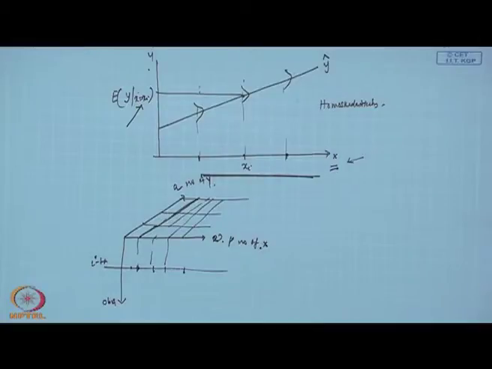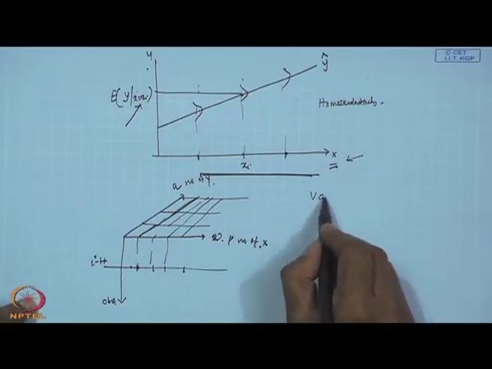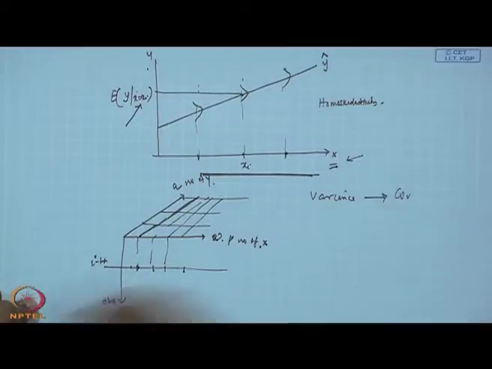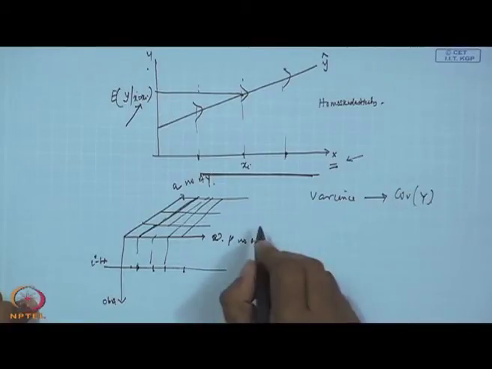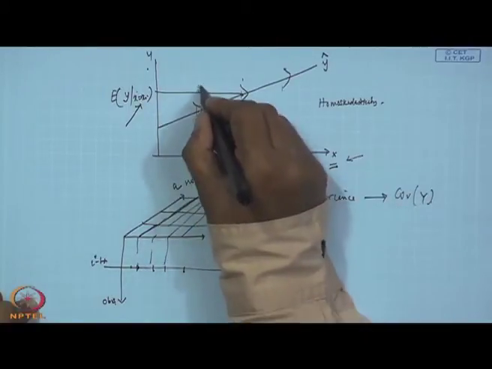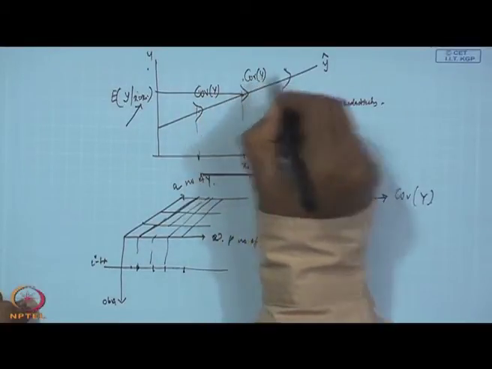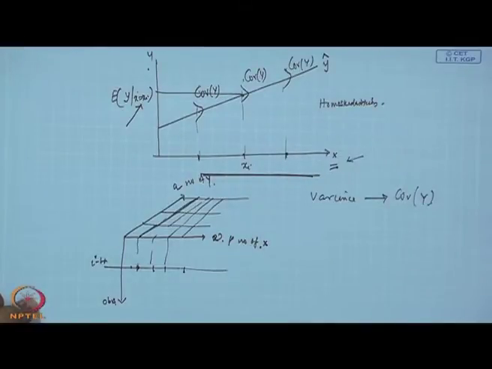So, that is why the third assumption is, when we have q variables, this variance will convert to covariance. Variance will lead to covariance. So, I will be talking about covariance of y here, covariance of y here, covariance of y here. Understood?